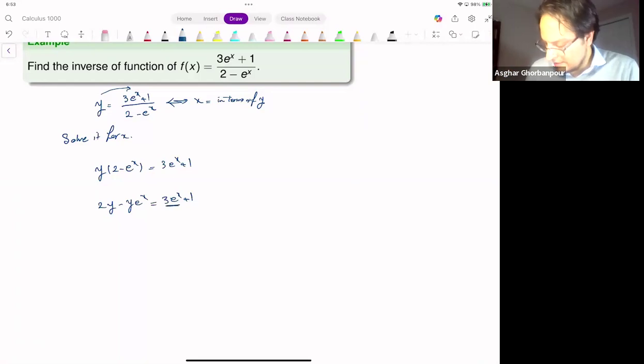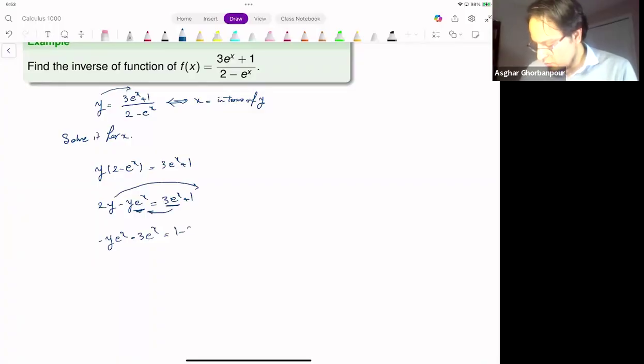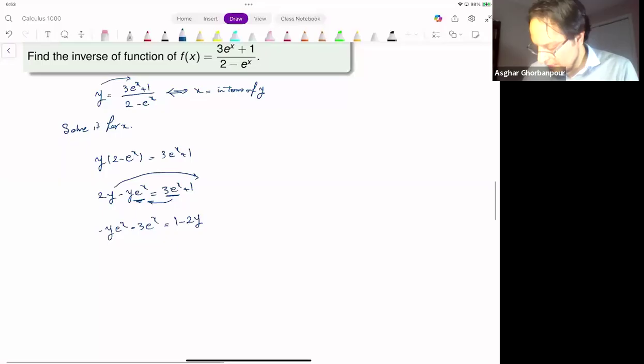This term has x, this term has x. So I bring both to one side: minus y e to the power x minus 3e to the power x equals, and the other goes to the other side, that's 1 minus 2y. Now we factor out e to the power x.